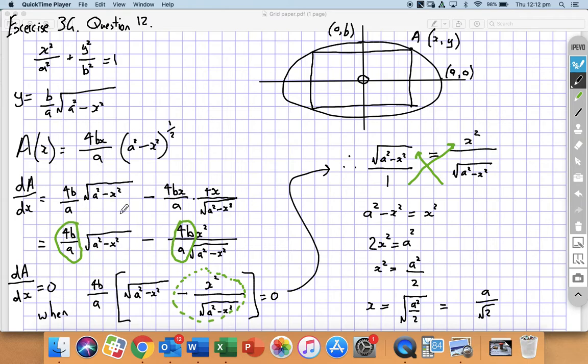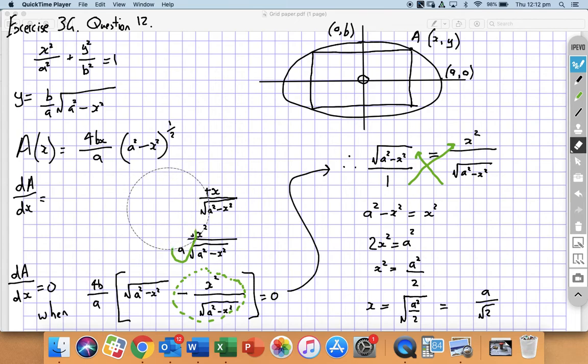All right, so this derivative here, it equaled 0. Just need to keep this around for the next part. I think, where have I got enough space on my screen? Let's maybe keep it in this form. All right, so the derivative 4b on a multiplied by square root a squared minus x squared.